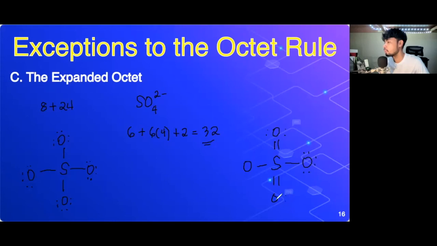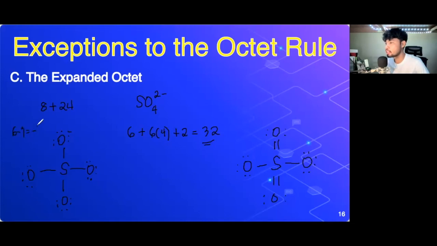So what we're going to do is, again, to determine which of the two is a more plausible structure for the sulfate ion. Let's start with the first structure. This oxygen atom has a -1 formal charge because it has 6 valence electrons and 7 assigned electrons.